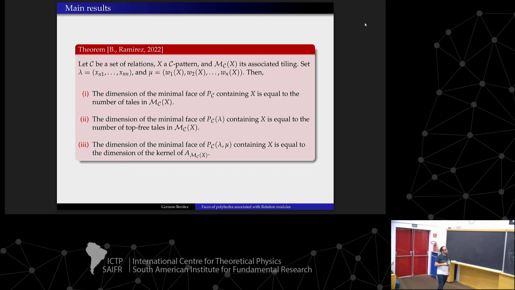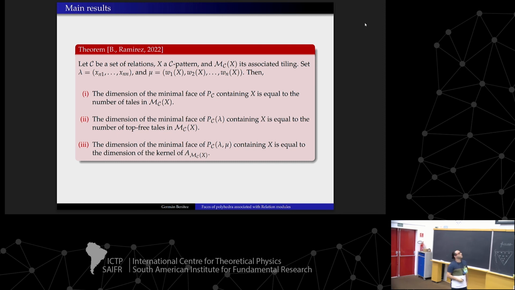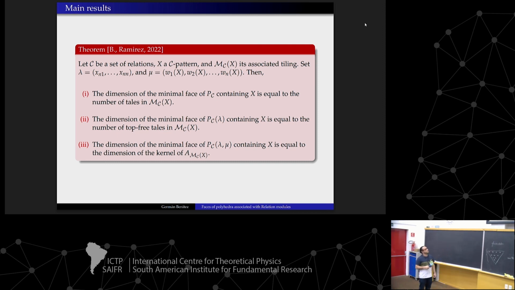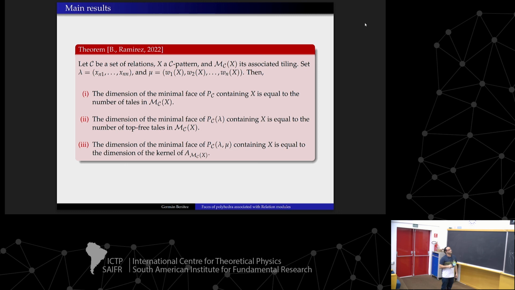Now, the dimension of the minimal face in P_C lambda, with the top fixed by lambda, containing the C pattern, we need just to count the number of top free tiles in the tiling. Now, for the polyhedron P_C lambda mu, we just need to compute the dimension of the kernel of the tiling matrix.